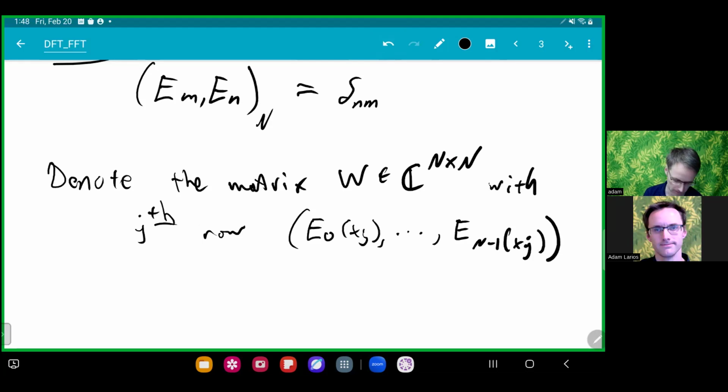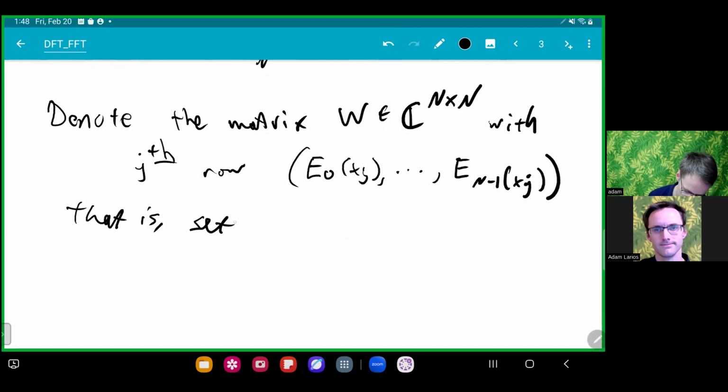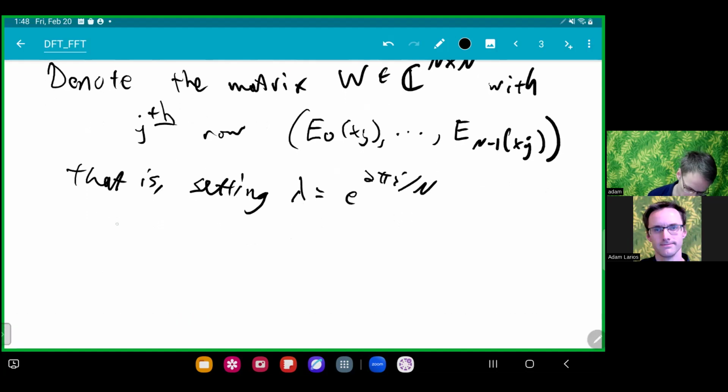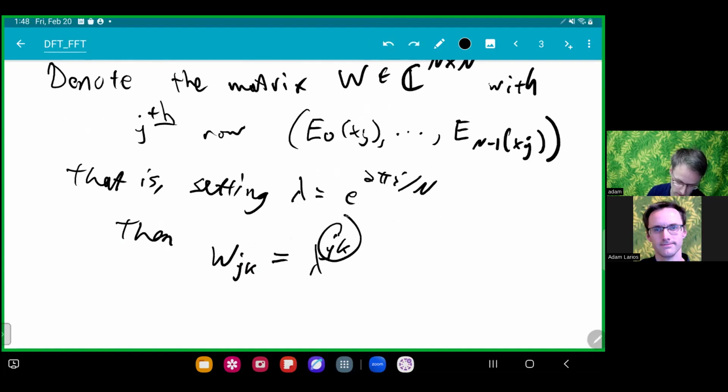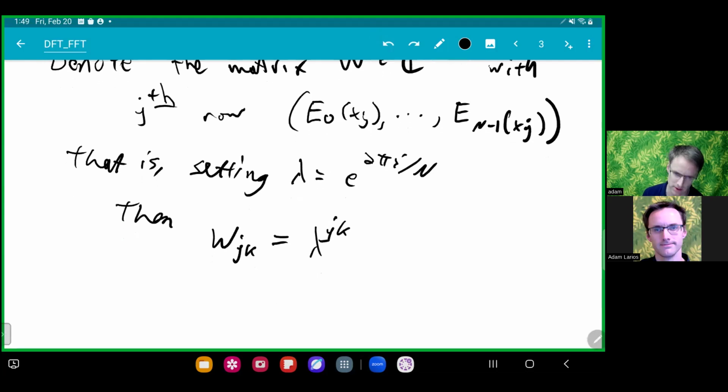That is, if we set lambda to be the primitive nth root of unity, then the jk entry of W is just lambda to the jk. Because remember, as we plug these points into the exponential function, these multipliers j will just come up into the exponent.